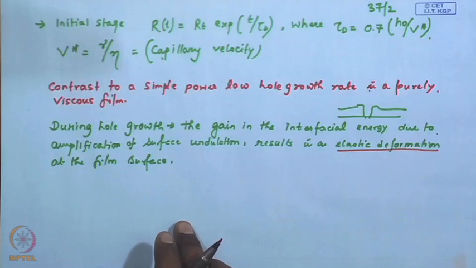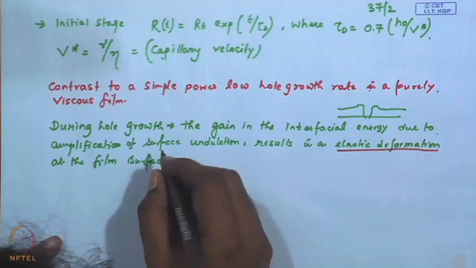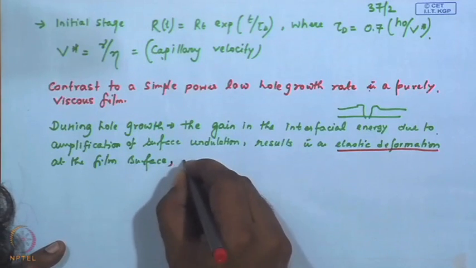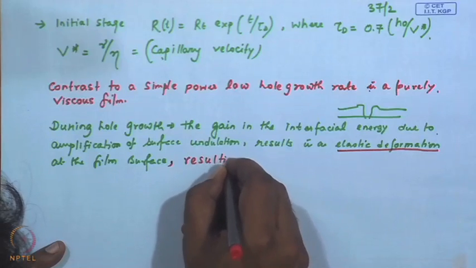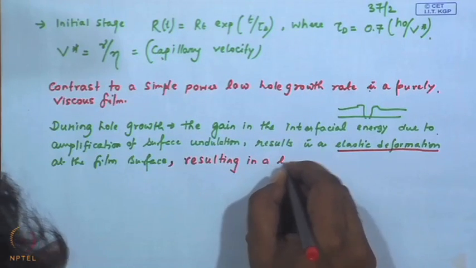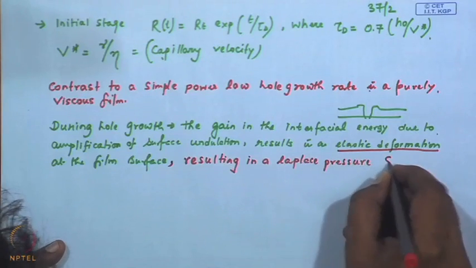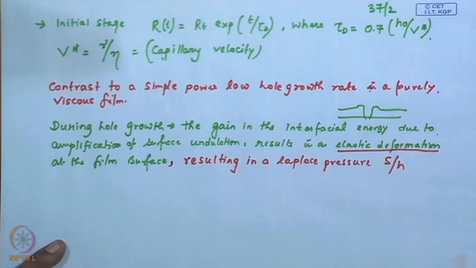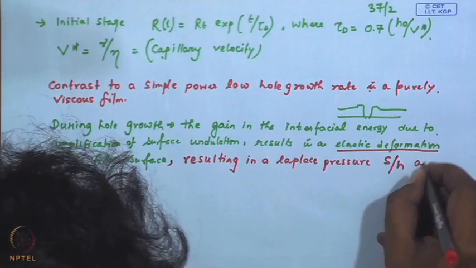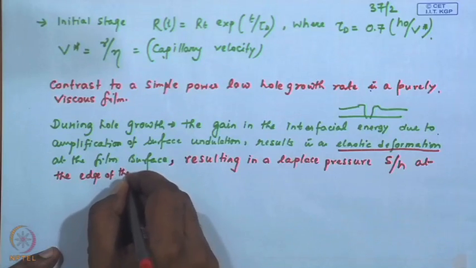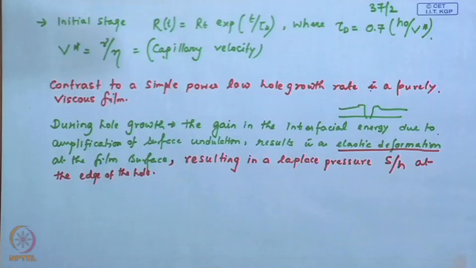at the film surface. This results in a Laplace pressure of S by H at the film surface, at the edge of the hole. Okay.